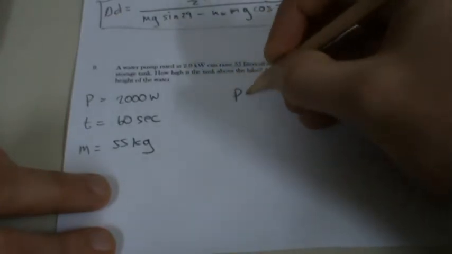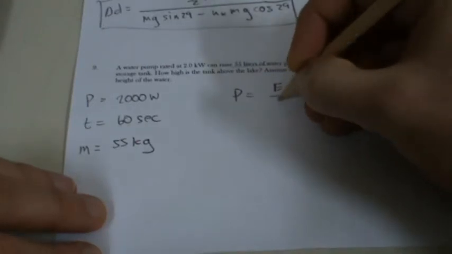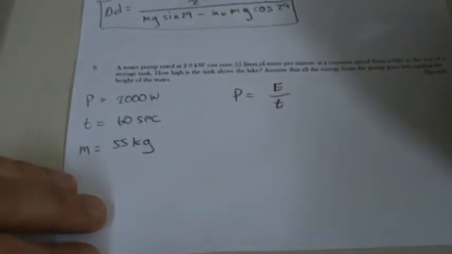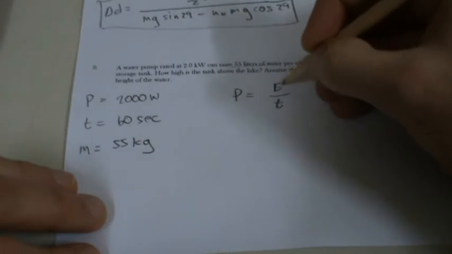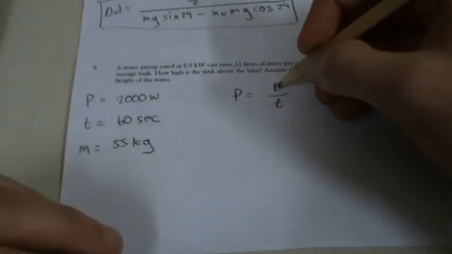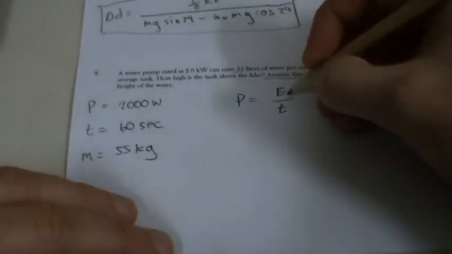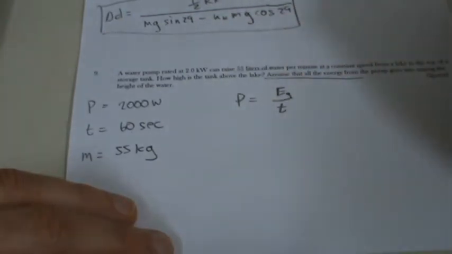Okay, and so it looks like the power of this pump is equal to the energy over time. Well, what type of energy is this pump doing? It's making gravitational energy. Essentially, it's giving the water gravitational energy, and we assume that all of the energy goes towards raising. So this is gravitational energy.